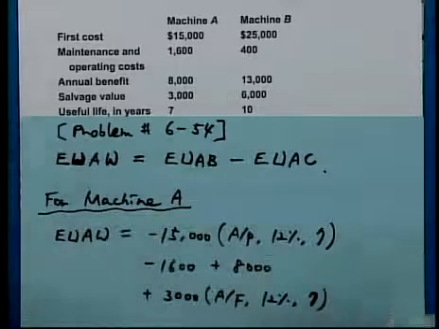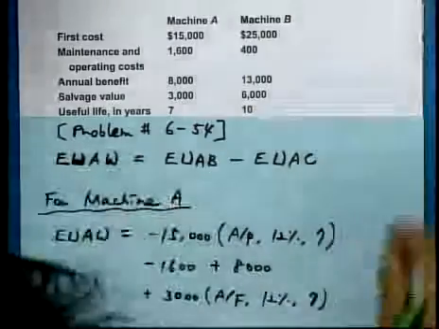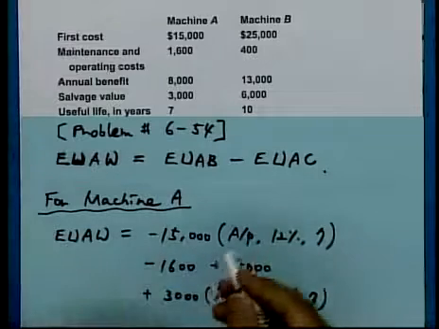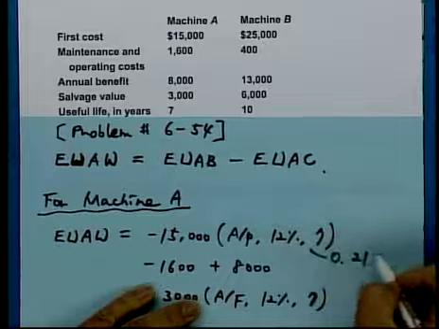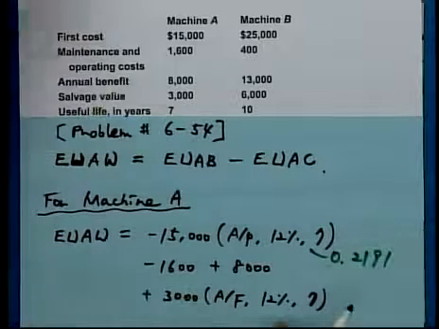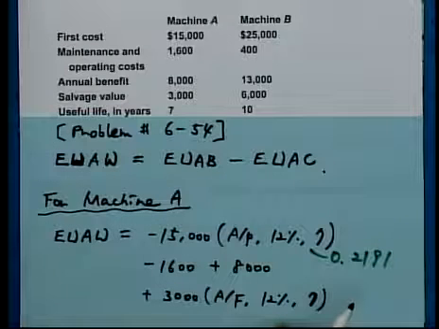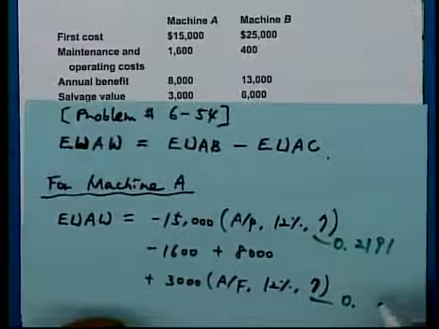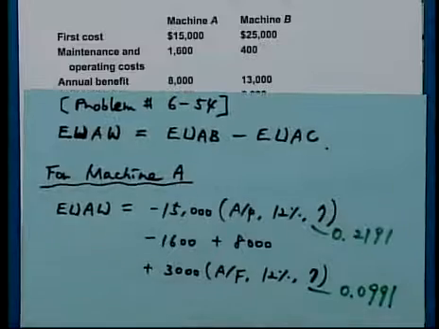So let's get these table values. 12% A given P over 7 periods, that is 0.2191. A given F, 12% over 7 periods, 0.0991. Okay.